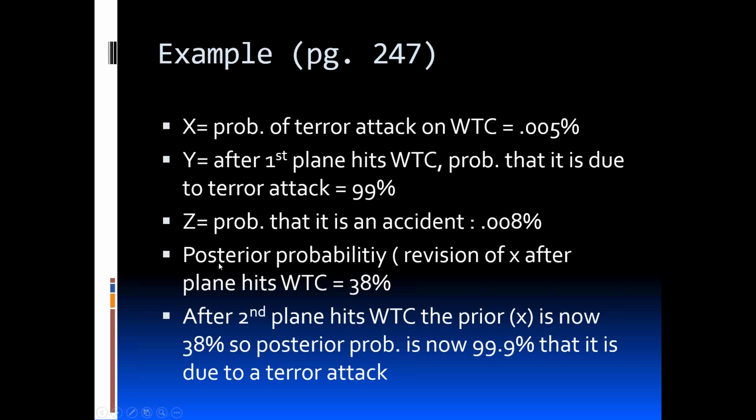That means that when we plug those numbers in, the posterior probability of X after two planes hit the World Trade Center goes up to 99.9% that this is a terror attack. I'm not focusing on the math in this. I'm just showing you how when you get new information, you have to redo the theorem, apply it, and it changes those values.